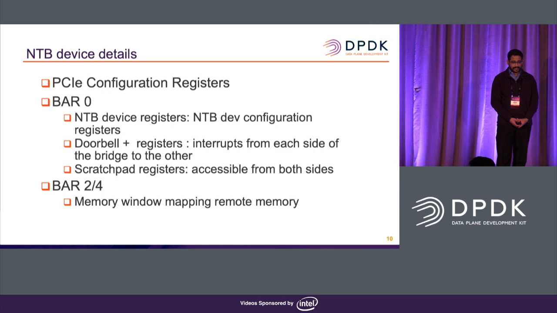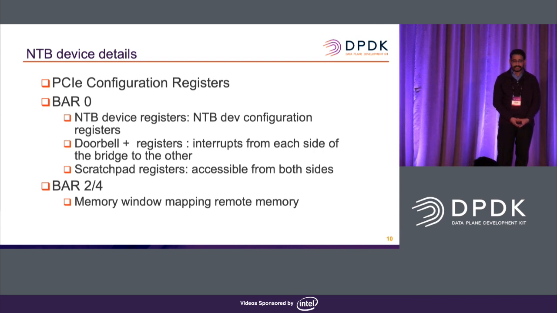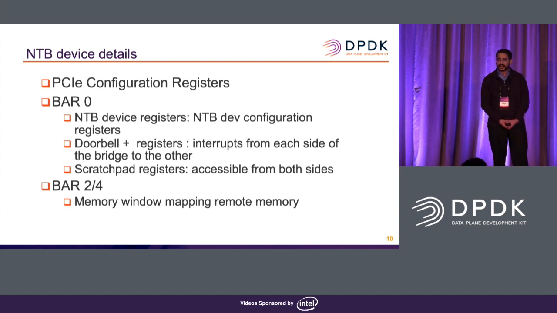It can have doorbell registers as well as scratchpad registers. The animations on the previous diagram I showed are classified as the memory window. We implemented all three inside the DPDK, but doorbell registers are useful for sending an interrupt to the other side, and the scratchpad registers are used for sending a small amount of data between two sides.